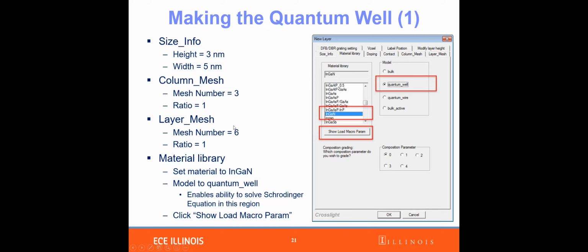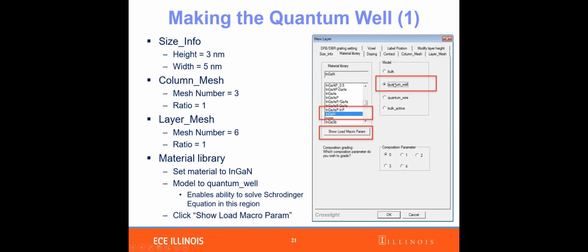So compared to gallium nitride, which has a height of 4 nanometer with 6 mesh number, indium gallium nitride has finer mesh. Each mesh is about 0.5 nanometer. And we select the material as indium gallium nitride. We want to put an indium mole fraction. So we click show load macro parameter.